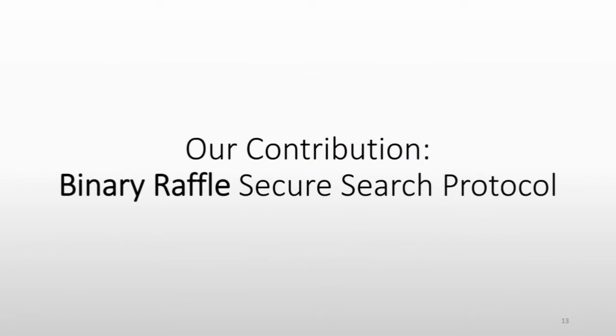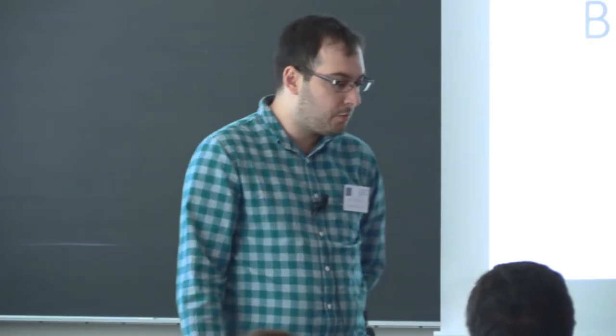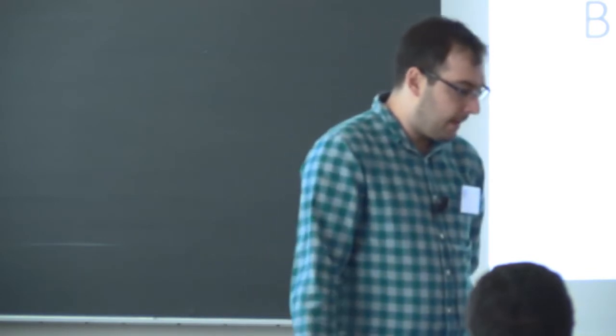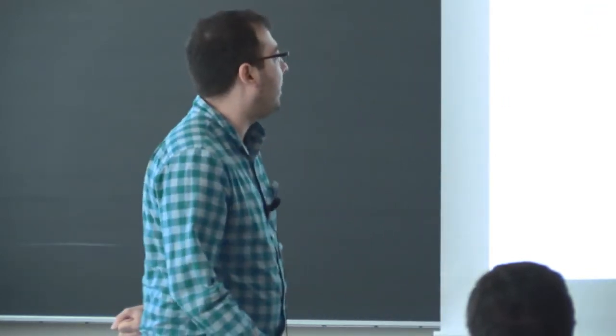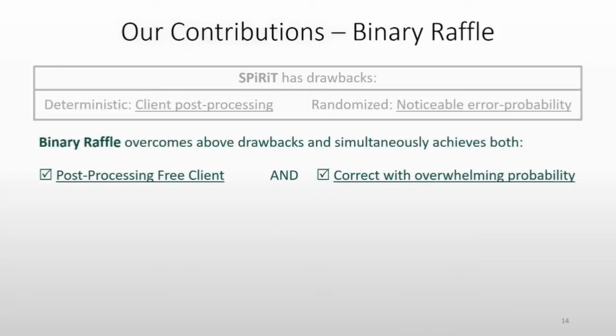So now I want to present our construction, which we call binary ruffle, and let's begin by stating what our advantages are. First, binary ruffle overcomes the above drawbacks that we mentioned and simultaneously achieves both a post-processing free client and an answer that is correct with overwhelming probability.